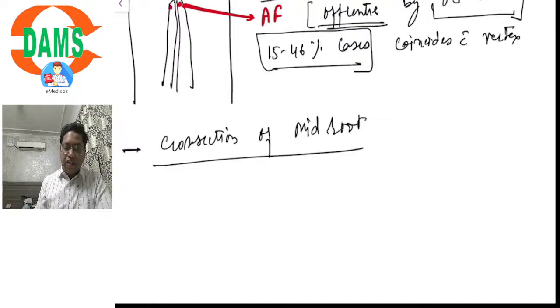In the apical 1/3, it divides into branches like this. Okay. It constitutes apical delta.